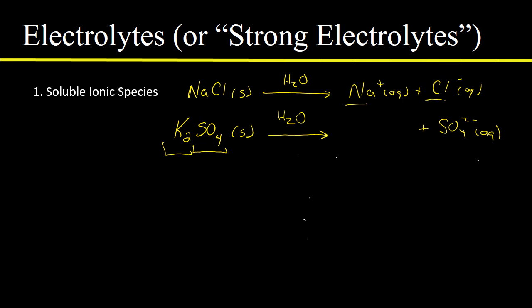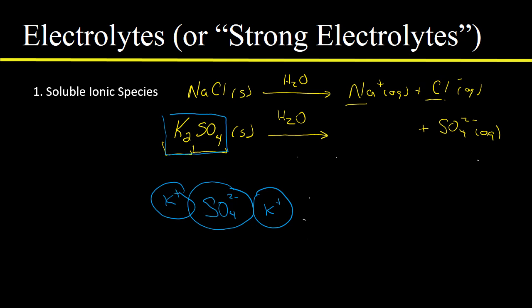This formula here, K2SO4, means that there's a sulfate ion with a -2 charge, and that it's balanced out by 2 potassium ions. Okay, so when this thing dissolves in water and breaks up into ions, you're going to get 1 sulfate, which we have here, and you're going to get 2 potassiums. Okay. So when potassium sulfate dissolves, you get 2 potassium ions and 1 sulfate ion.